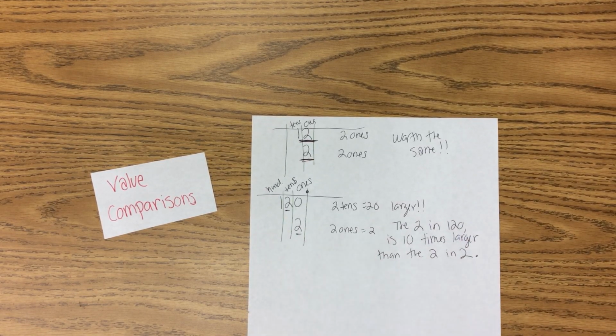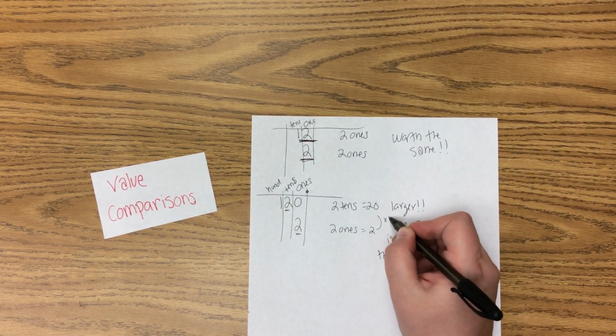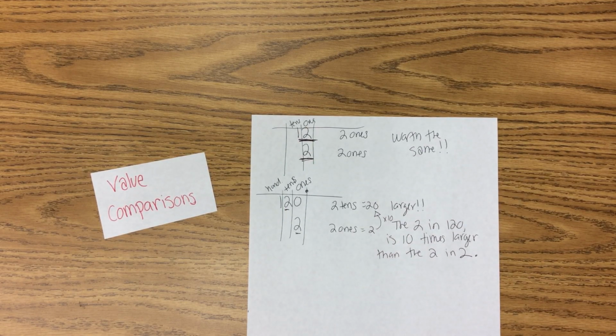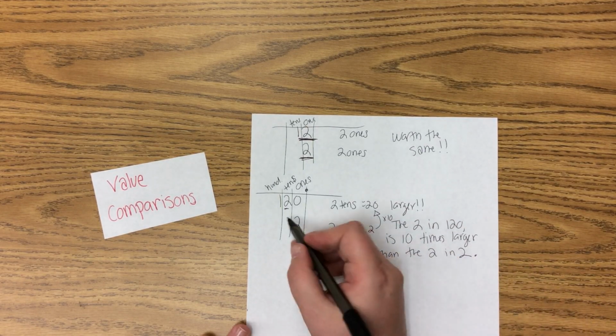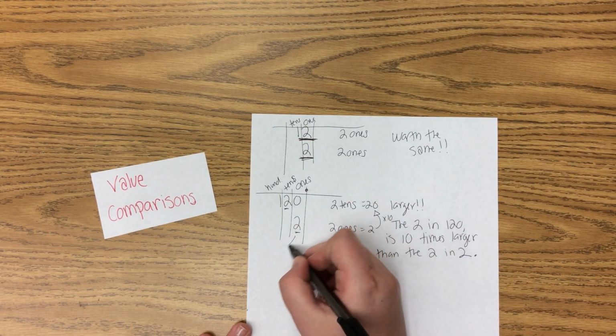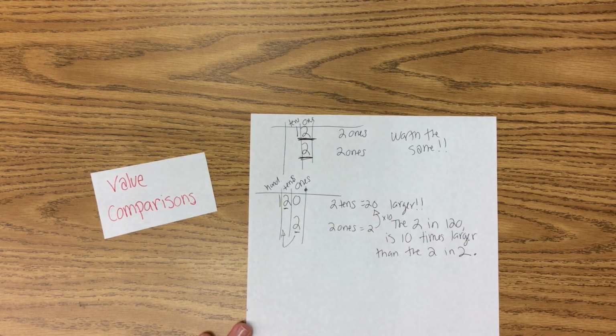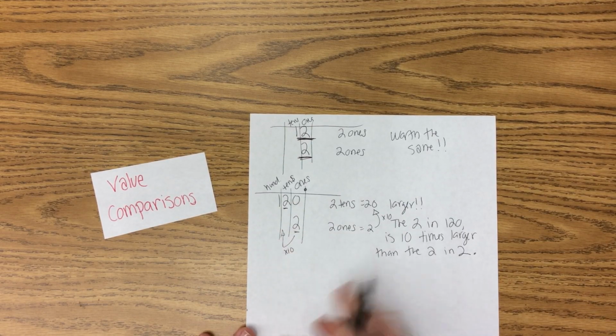Right? You're looking at the comparisons. We know 2 times 10 is going to give you 20. So we can think of that math, but you can also look at your place value chart, where you switched over one column. And we know when you switch over one column, you're multiplying by 10. Each of these columns is worth a power of 10.